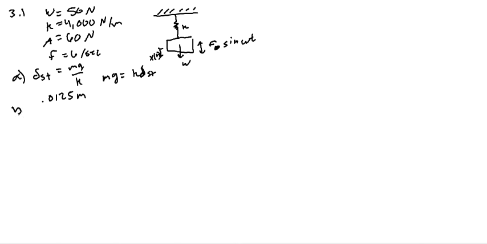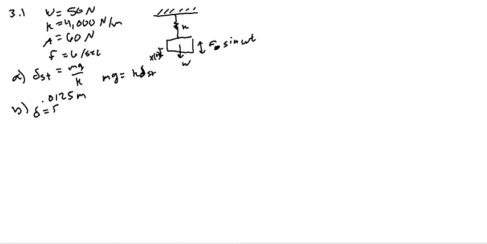Alright, so B. Okay, the static displacement of the spring due to max applied force. Alright, this is assuming basically that the force is at its largest value. What is the deflection that it's going to cause?